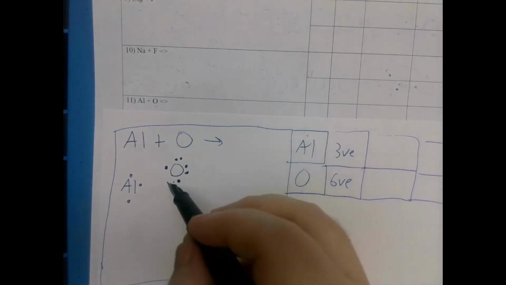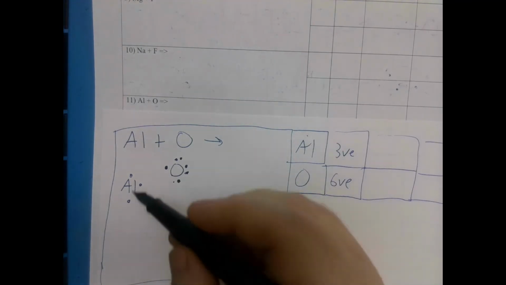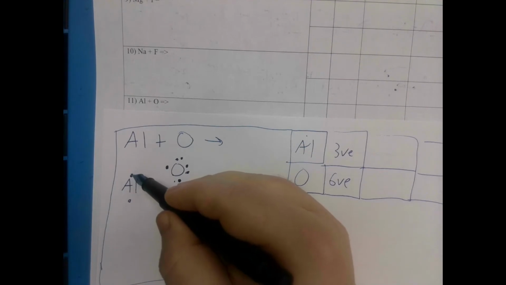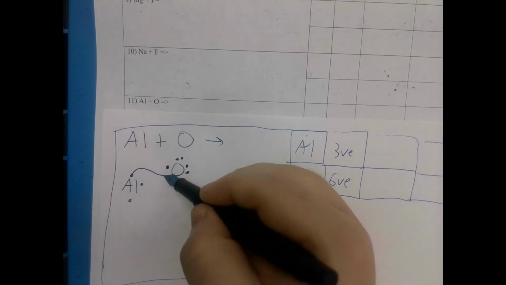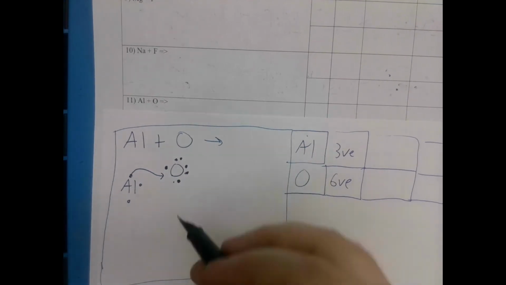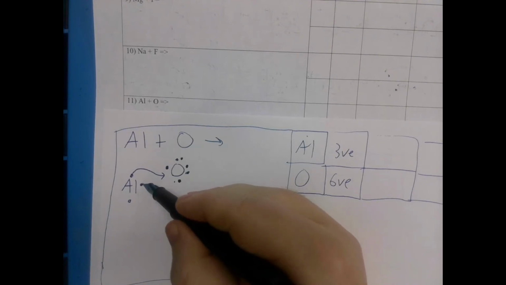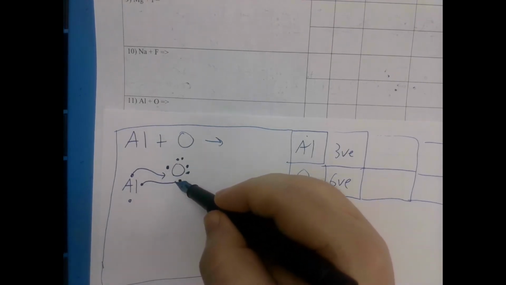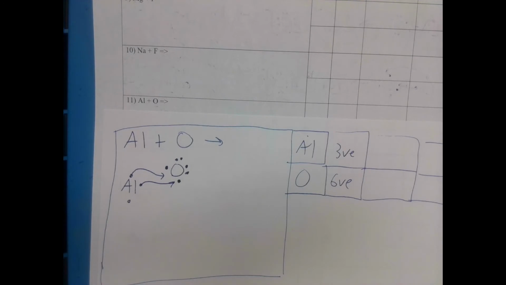Alright, so how can we do this? I could take one of these dots and put it right here, right? I could take this dot and put it right here, right? And this oxygen would be happy. It now has 8 dots whenever I transfer it up.